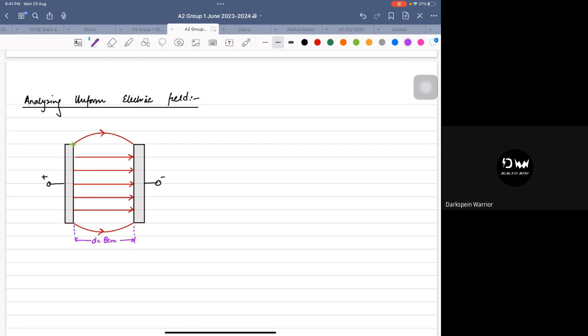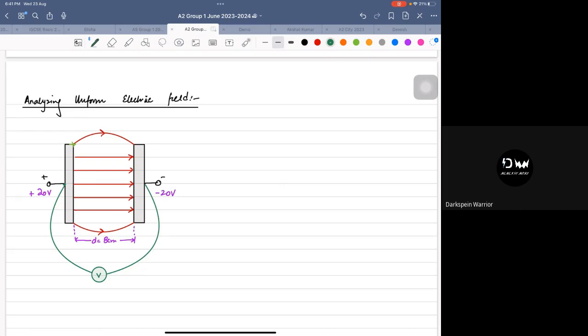Suppose that the value of potential is plus 20 volts here, and here it is negative 20 volts. That's the potential. So if I want to find the potential difference, which means if I connect a voltmeter right here, do you know what value it will give me?